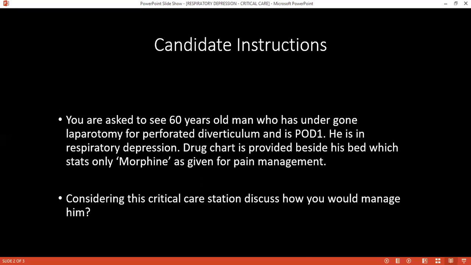I will also involve the anesthesia and intensive care doctors, the pain management team, and the toxicology unit or poisoning team if there is one in the hospital. Also I will involve the surgeon who did the operation.